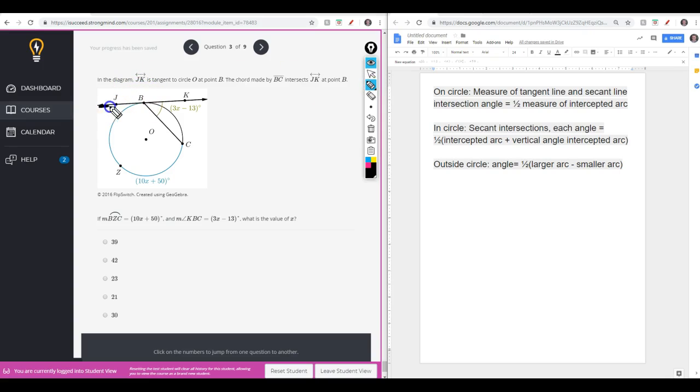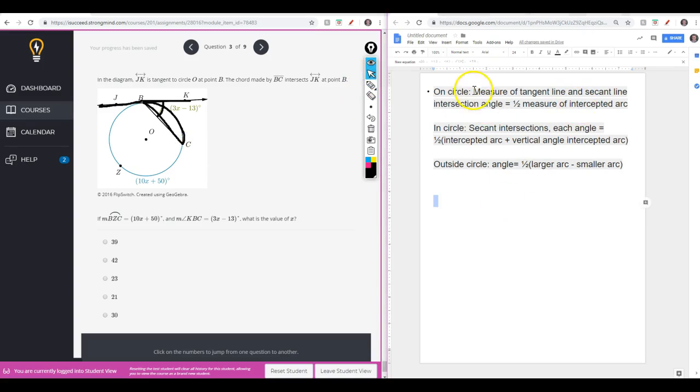Again, this is a line that is tangent to the circle that is intersected by the chord, or secant. So for this question, the measure of the tangent line and secant line intersection angle, right here, is equal to half the measure of the intercepted arc. So the intercepted arc would actually be arc BC.